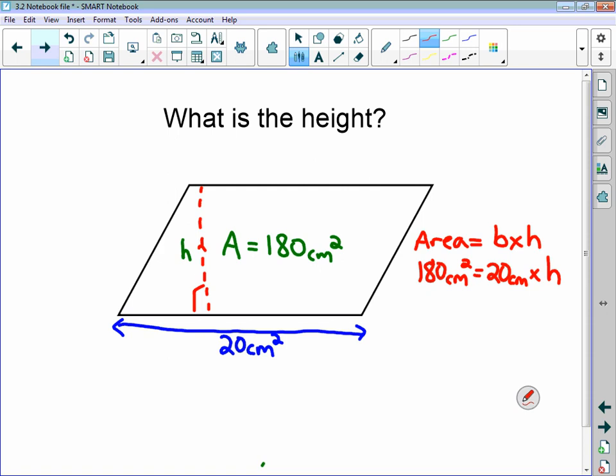Another way you can actually do this is to say, well, if 20 times something is equal to 180, then actually that answer, 180, divided by 20, gives us what the height would be. So let's think about that with some smaller numbers. 2 times n, an unknown number, is equal to 6.